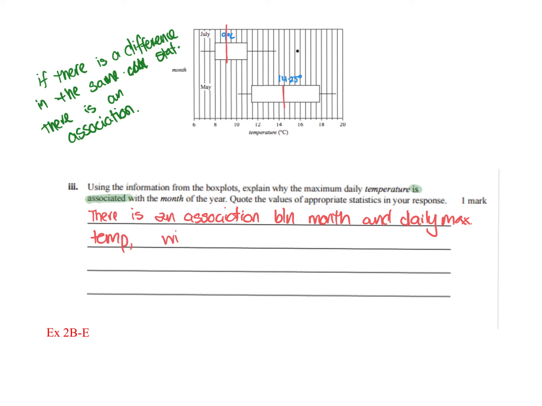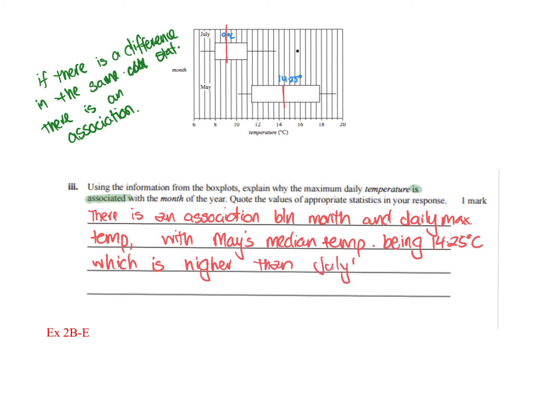And we say with May's median temp being 14.25 degrees Celsius, which is higher than July's, with a median temp of 9 degrees Celsius.